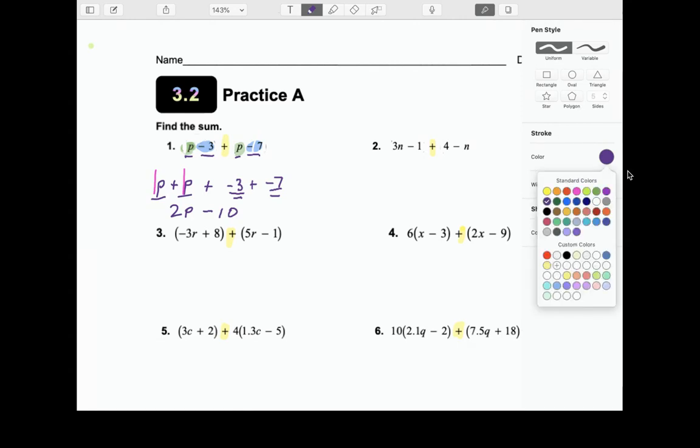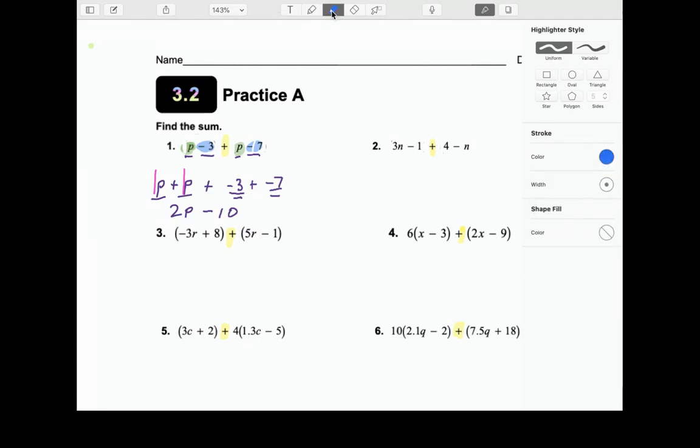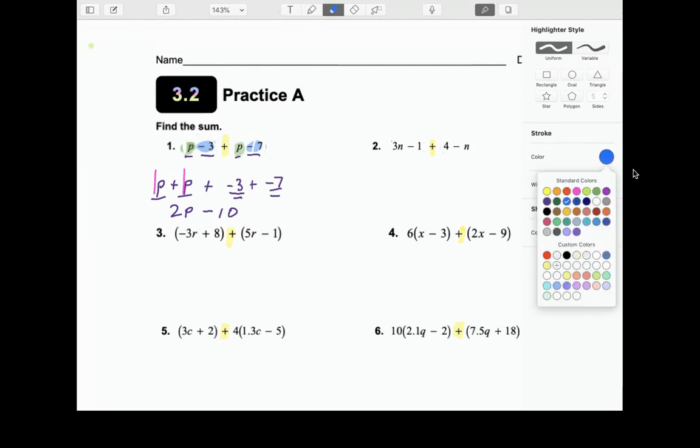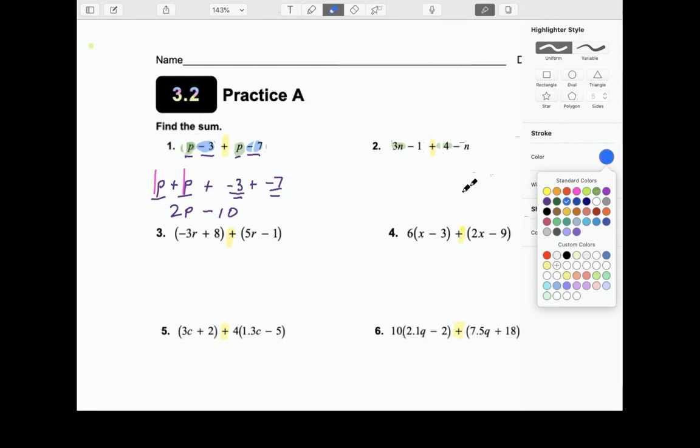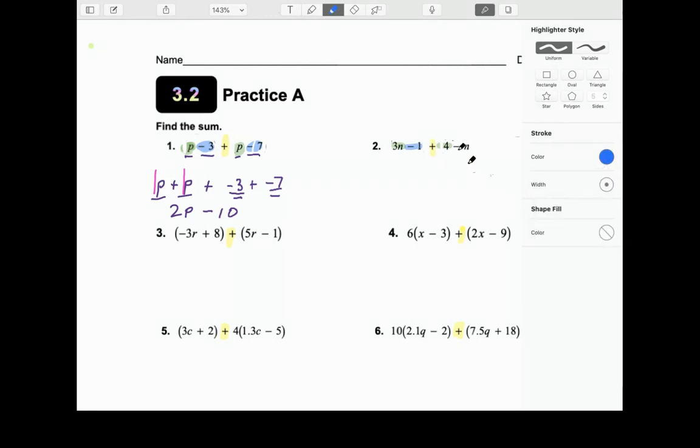So in this next problem, we have 3n and 4, and then we have -1.